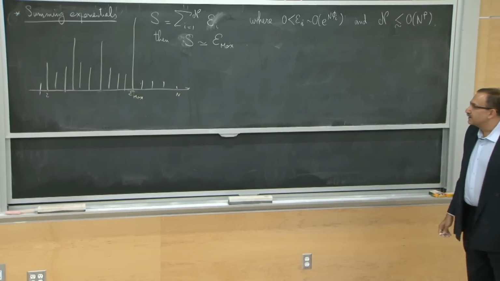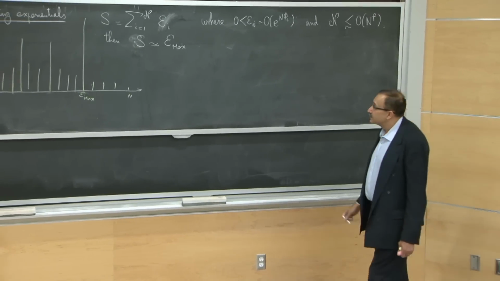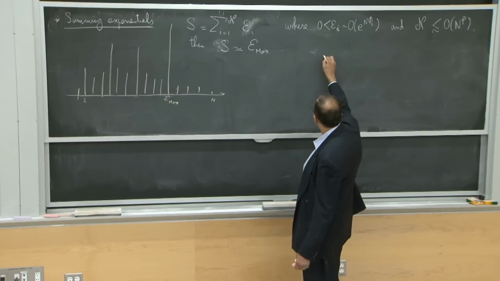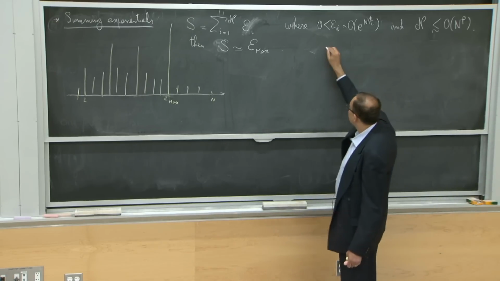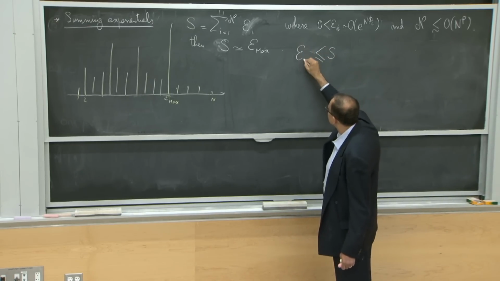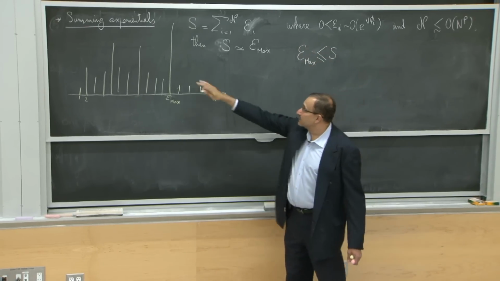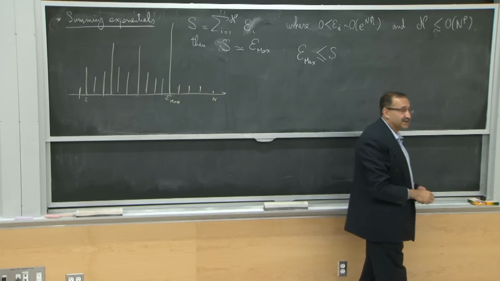So how do I claim that the length is just the largest one? It's in the following sense. You would agree that this sum is certainly larger than the largest term because I have added lots of other things to the largest term and they're all positive.